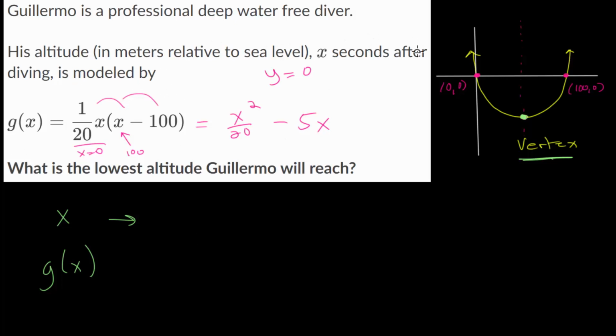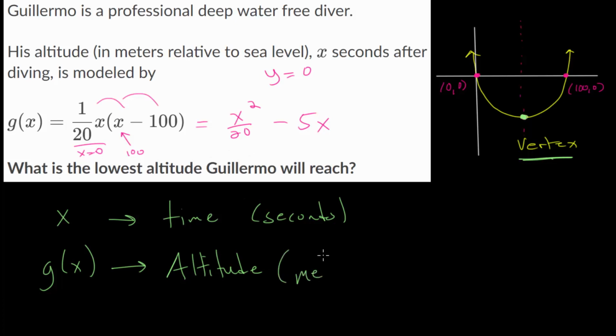So x seconds after diving, x just represents time, and the unit there is seconds. But g of x looks to model the altitude. So we can say this is the altitude of Guillermo, and this is measured in meters relative to the sea level. So above the sea level is positive, and below sea level, he would be at a negative altitude.